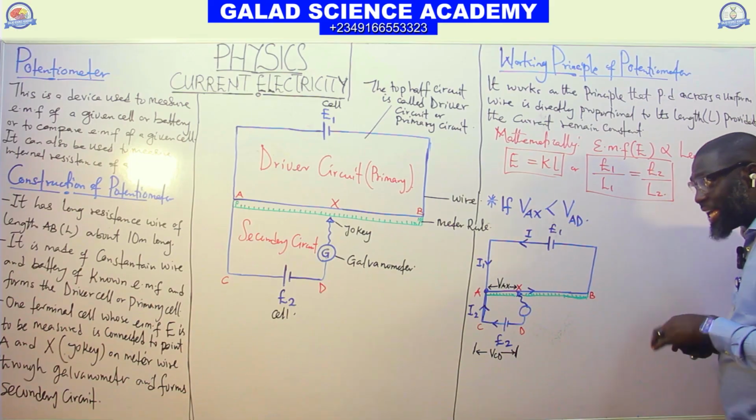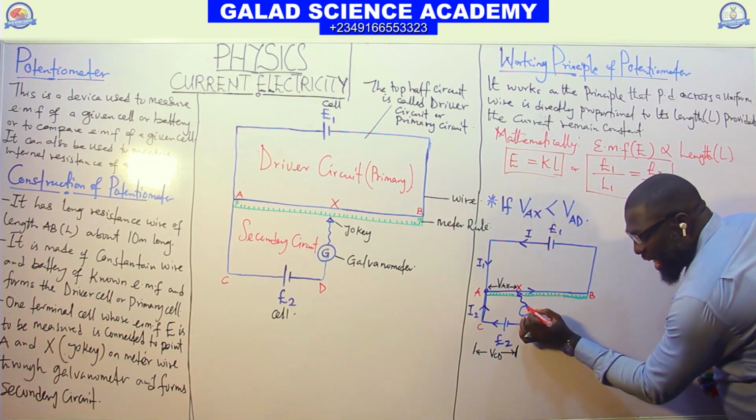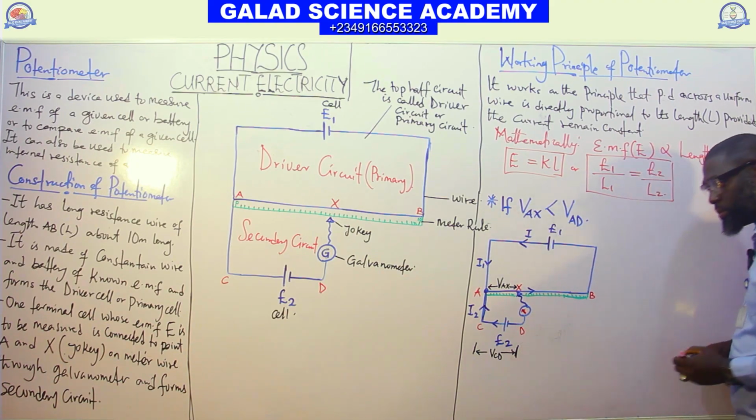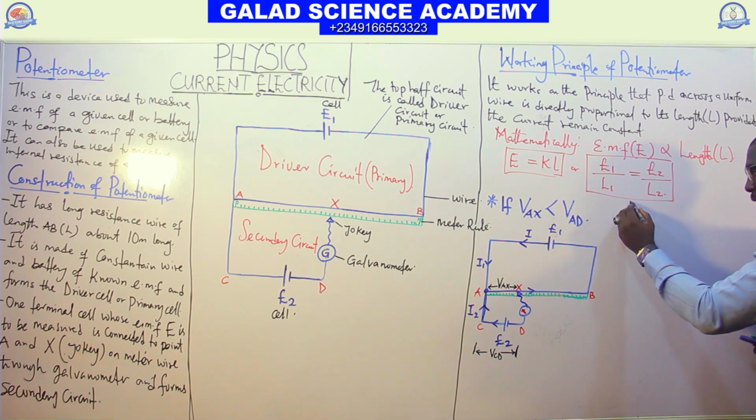So the galvanometer will not deflect to this side; it will deflect to this side.